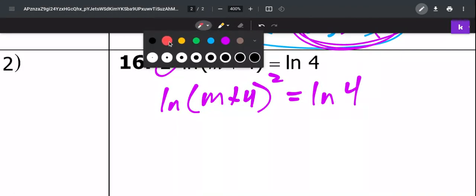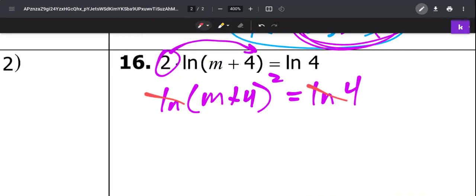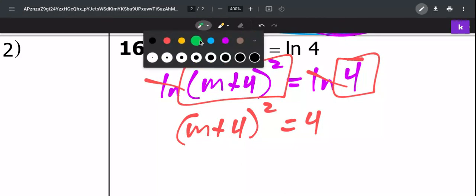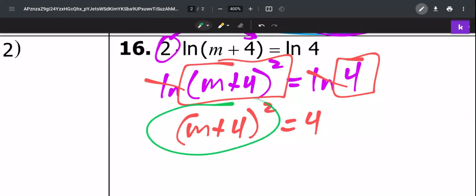First of all, single logarithm on both sides, those cancel. All right, now, if you look at these two, that's all we'll have left. m plus 4 squared equals 4. Now, I don't need to simplify this. I can keep this just like it is.